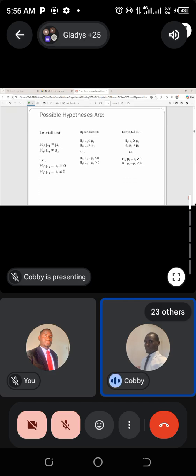The first step, you state the hypothesis. So for two population means, you are going to say the two population means, that is population 1 and population 2, are equal for two-tailed. Or the alternative hypothesis, you are going to say the two population means are not equal.